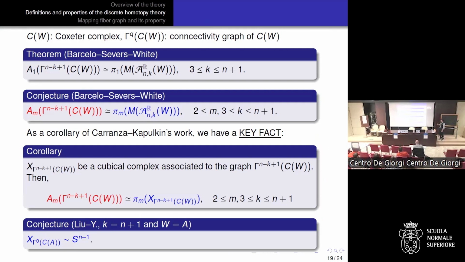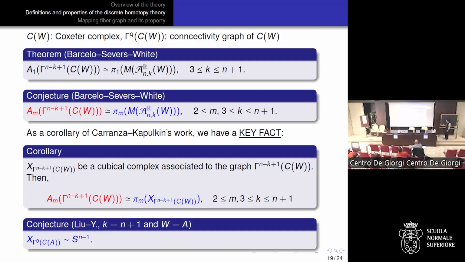let this be a Coxeter complex, which is a simplicial complex associated to a Coxeter group, and consider its associated connectivity graphs. Then the A1 group of the connectivity graph of the Coxeter complex is isomorphic to the fundamental group of a geometric object, the k-parabolic subspace arrangement.